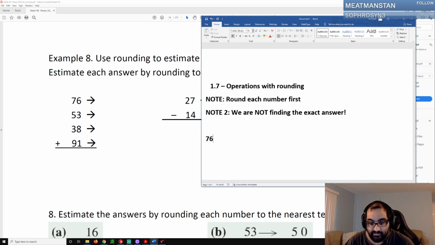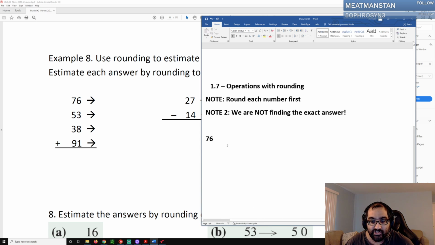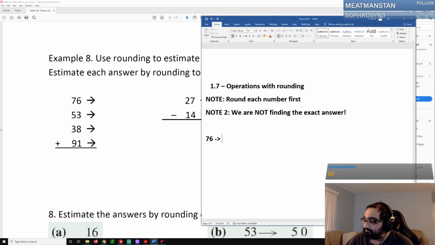Let's look at each one. Let's look at 76. We want to round this to the nearest 10. That's what it asks us to do. So if we're rounding 76 to the nearest 10, what does 76 round to in this case? 80. That's right, right?